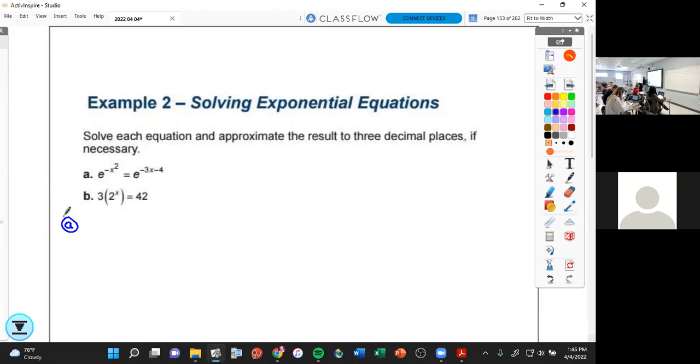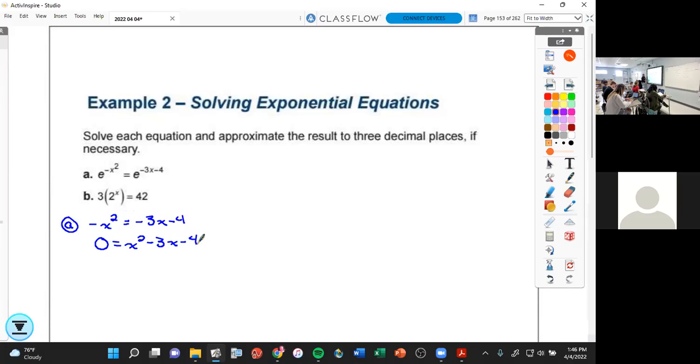So for letter A to solve it, I'm going to write -x squared is equal to -3x minus 4. What's that look like? That's just a quadratic. So step number 1 in a quadratic is to put it in general form. So I will add x squared to both sides. 0 equals x squared minus 3x minus 4.